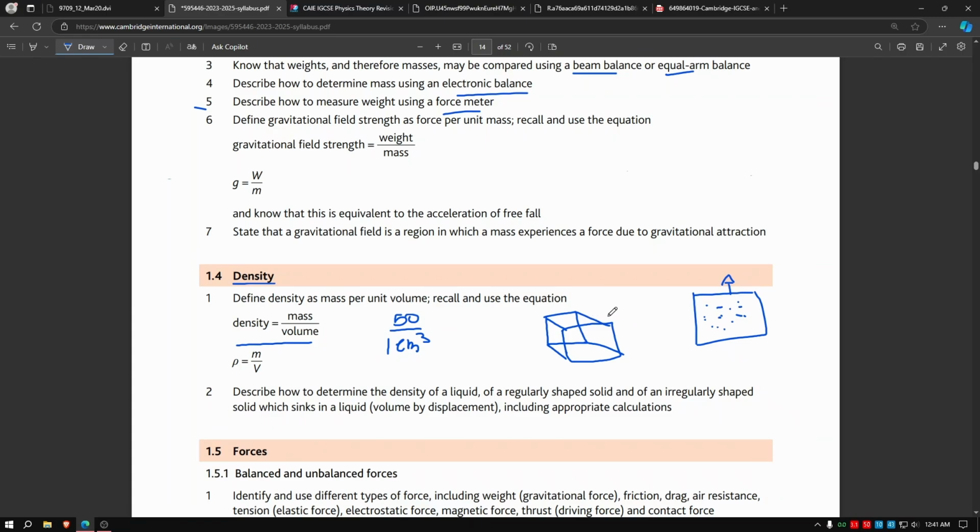Why? Because every length, this length and this length, will all be 1 meter. So when you multiply all of them together, the volume inside will be 1 cubic meter, sorry, not 1 cm cube, so it will be 1 meter cube.